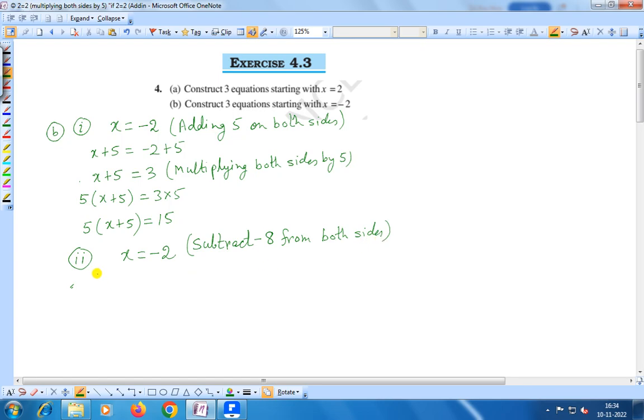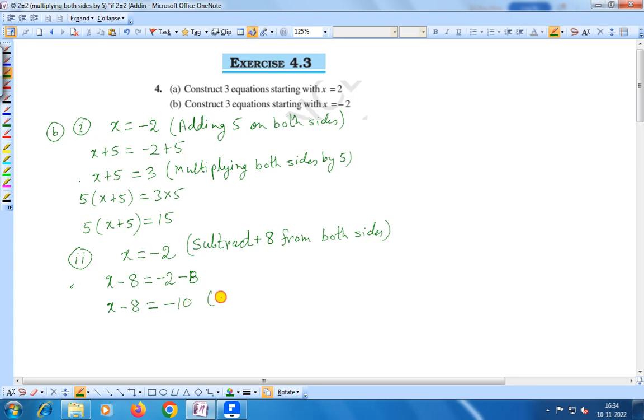That is, subtract 8 from both sides, that is x minus 8 is equal to minus 2 minus 8. That is x minus 8 is equal to minus 10.